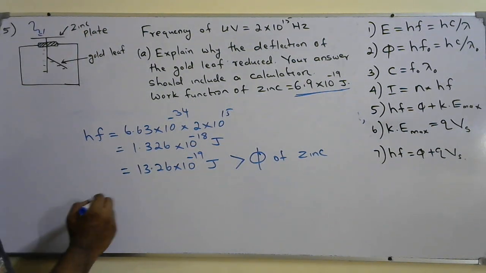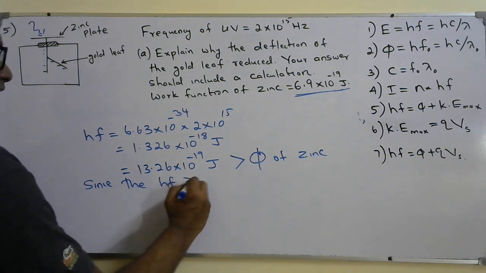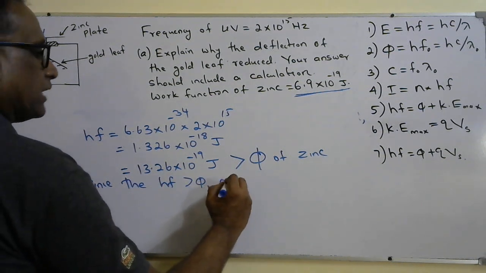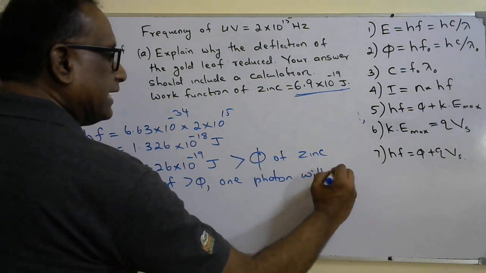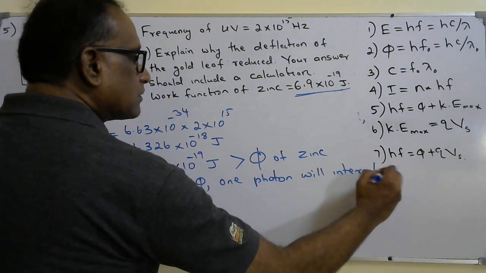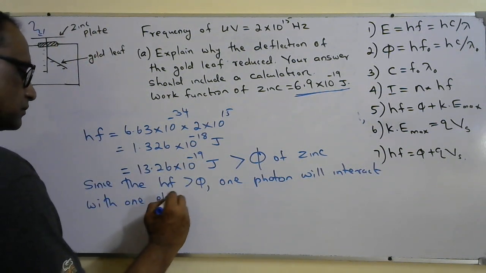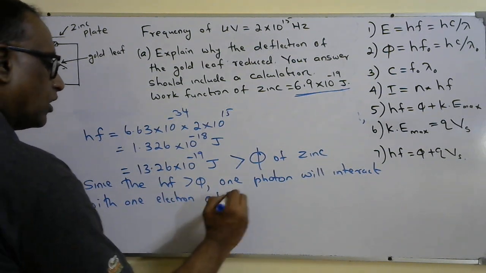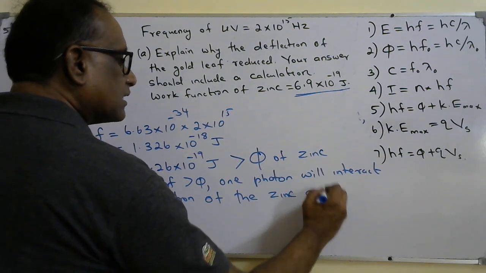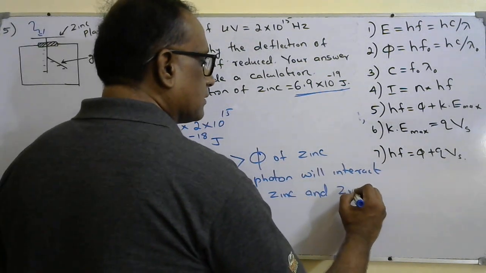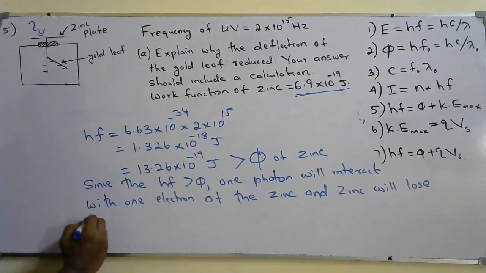Then you should say, since HF is greater than the work function, one photon will interact with one electron of the zinc, and zinc will lose electrons.